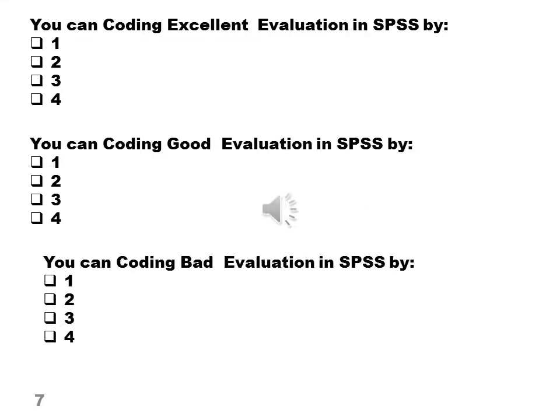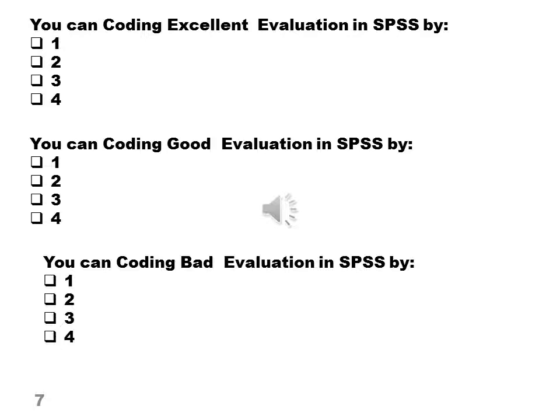You can code an excellent evaluation in SPSS by 1, 2, 3, 4. When you have excellent, good, bad, excellent must take 1, good must take 2, and bad must take 3.